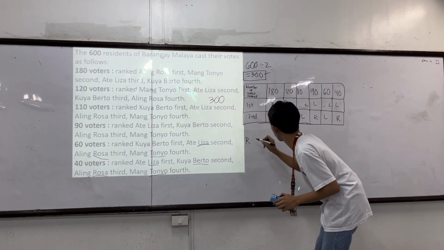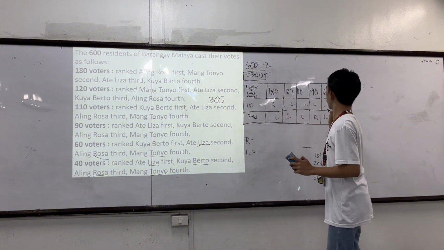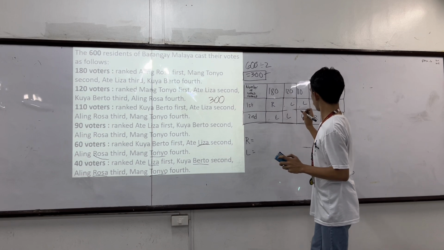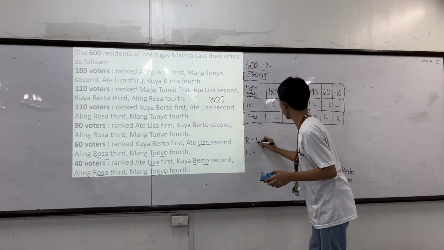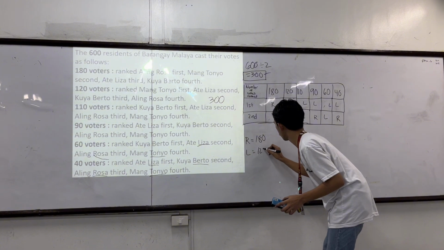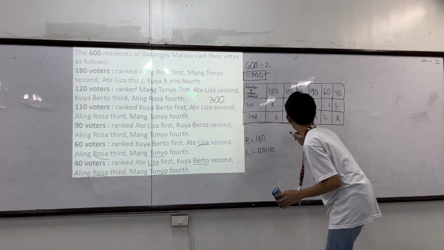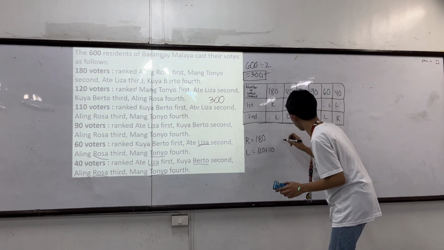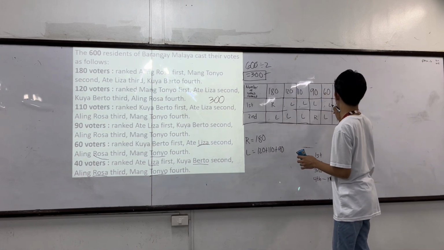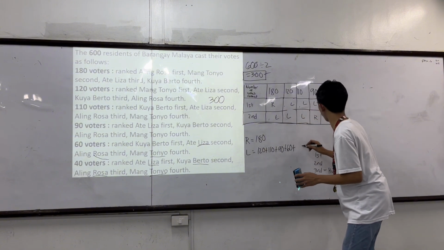So now let's proceed to the last part. Aling Rosa and Ate Liza. Aling Rosa received 180. Ate Liza received 120 plus 110 plus 90 plus 60 plus 40.